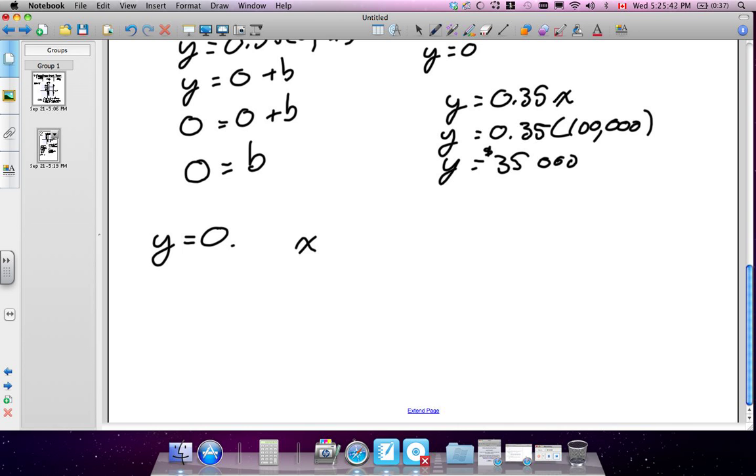Now, technically, we have to figure out where this starts. So at $101,000, y equals 0.45 times x. We have to figure out what our tax amount is going to be up to this point. Hold on, let's establish this.